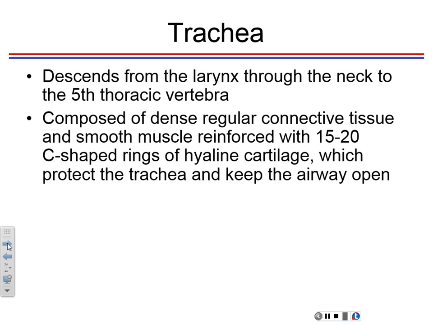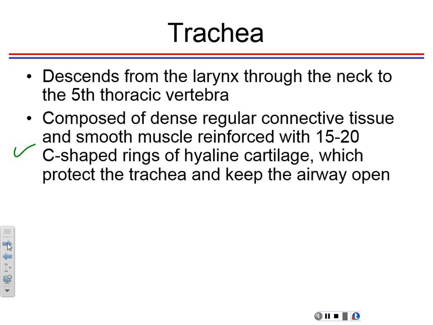Because once you get to that point, you're going into the lungs. So you want to stop at all cost any particulate matter from going into the lungs. So it will create a very, very forceful coughing reflex to make sure that anything that goes down there is expelled. Okay.